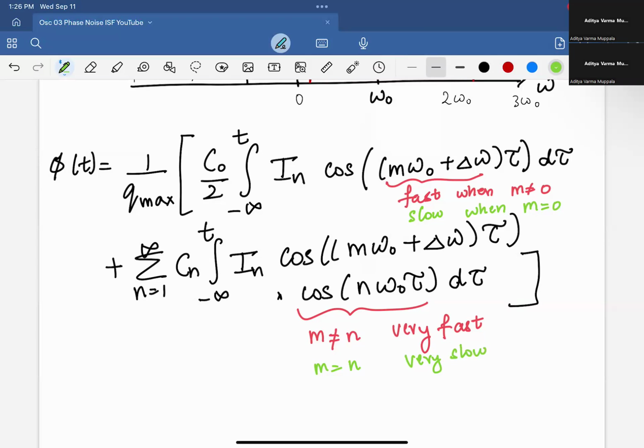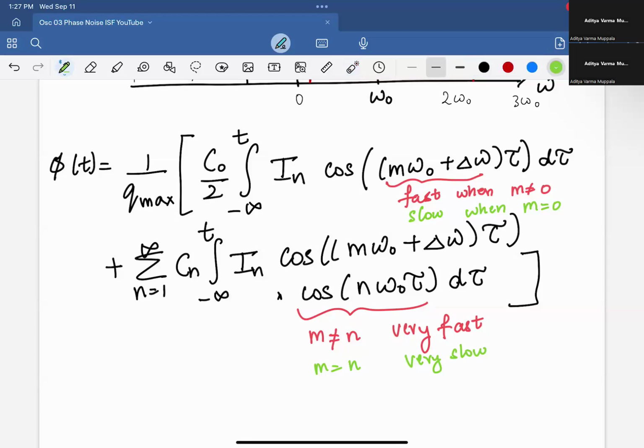So essentially you have two time scales. You have one time scale that's very fast when m is not equal to n in this equation, and when m is not equal to 0, this thing is very fast. So essentially what happens is that when you integrate over an argument that's very fast, that integral doesn't really contribute to the overall value.